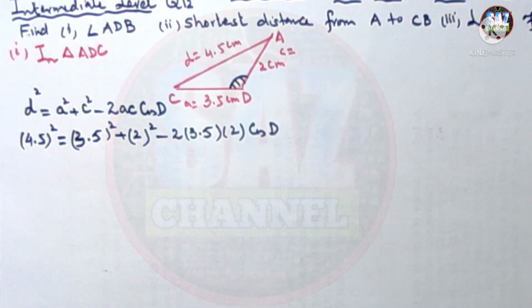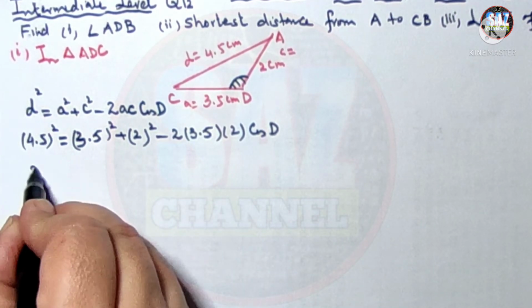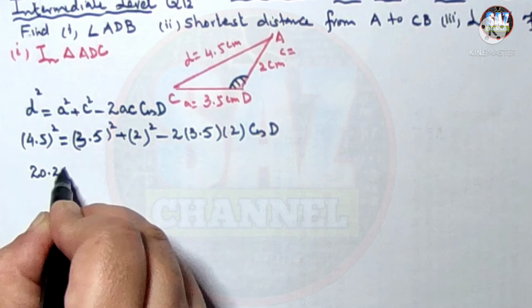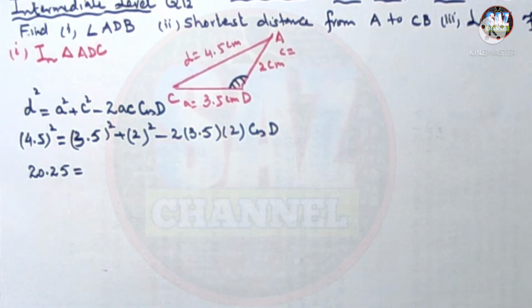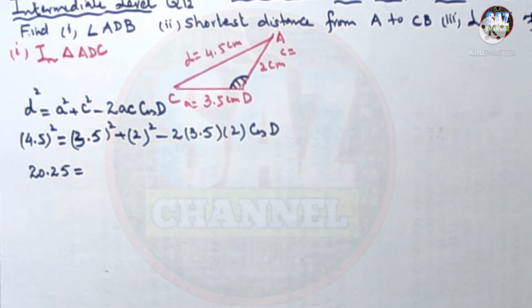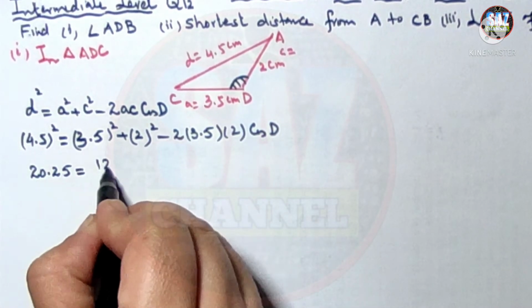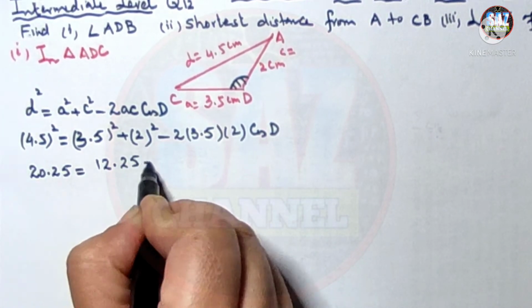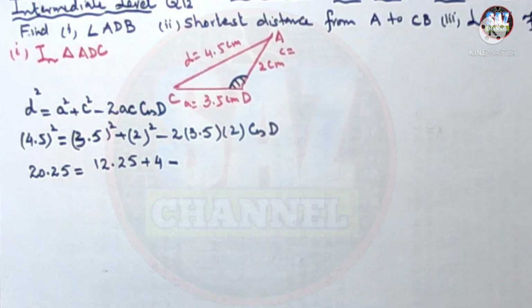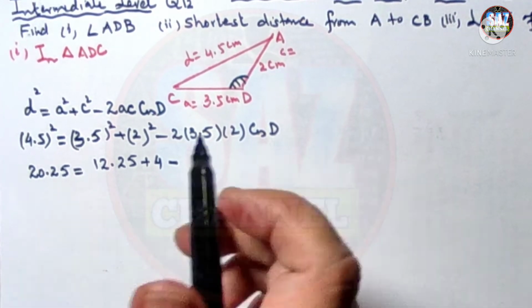Now 4.5 square gives me 20.25. 20.25 equals 3.5 square gives me 12.25 plus 4 minus 2 multiplied by 3.5 multiplied by 2.